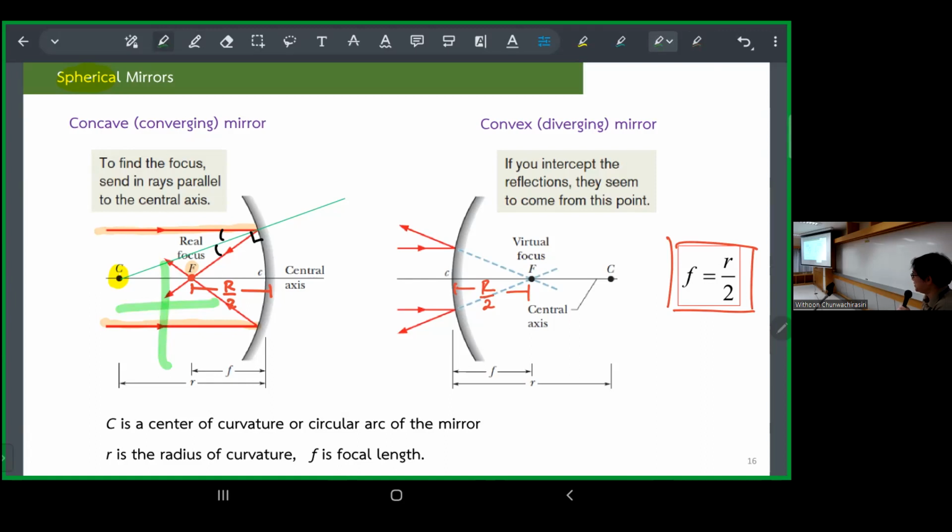Let me put a big positive sign there. And anything that goes virtual, which is behind the mirror, no, it's not going to happen. Light never travels behind the mirror. This is going to be the negative side of things. Cool.